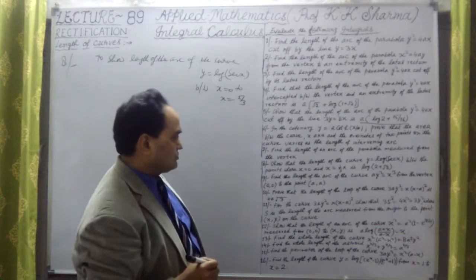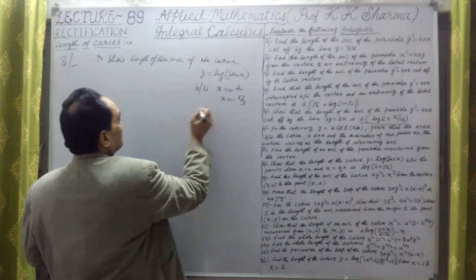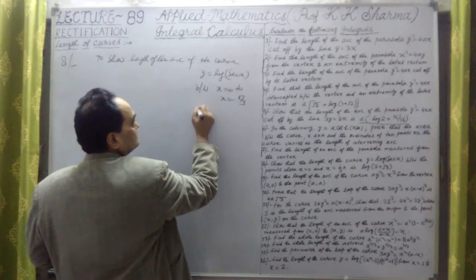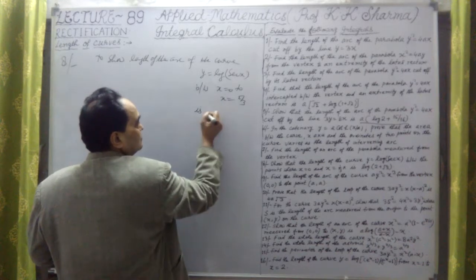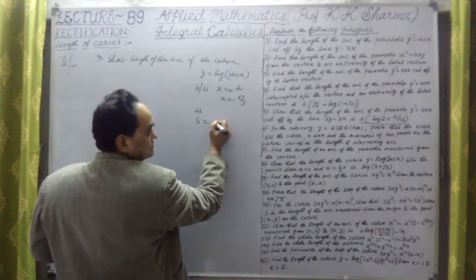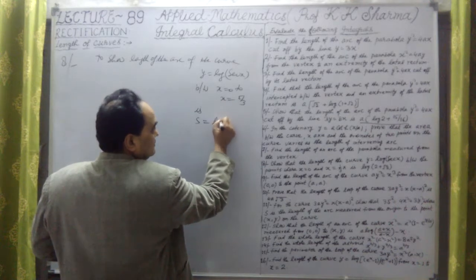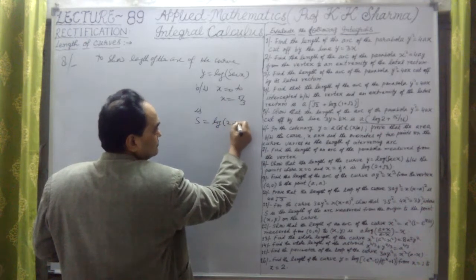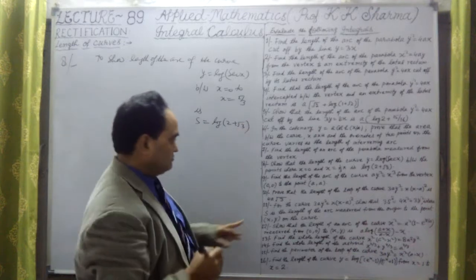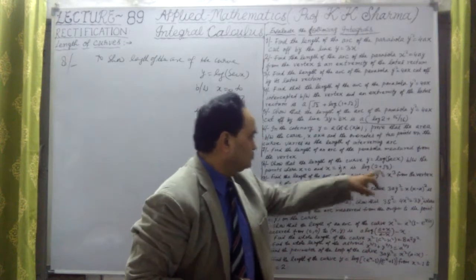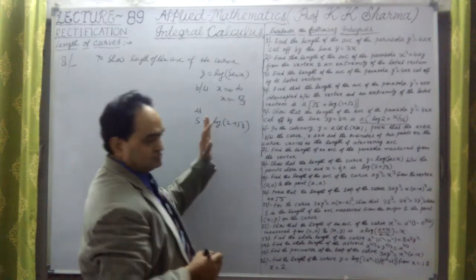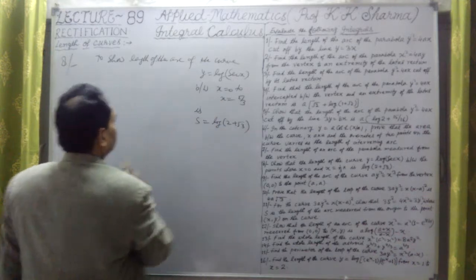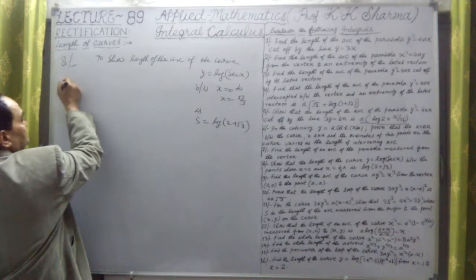The length of the arc is, or s equal to, log of 2 plus root 3. This is the length of the arc. We have to prove this. Show this. Okay, so here is the solution.